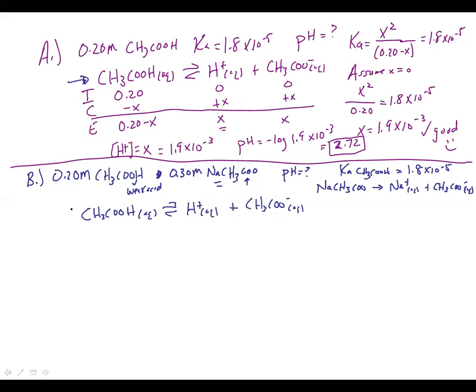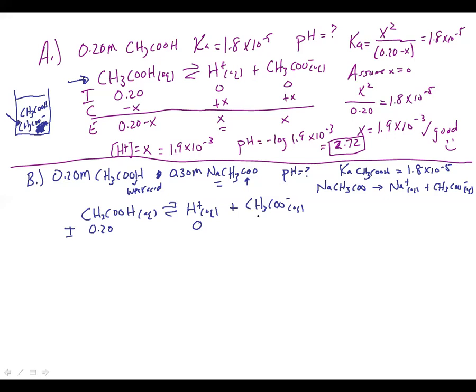Now, initially we had, just like above, 0.2 molar. We still have 0 of this guy initially, but unlike in the solution above, where all you have floating around is your acetic acid and your acetate, actually, no sodium in this guy, you have the same situation here, but you artificially added more acetate to it.